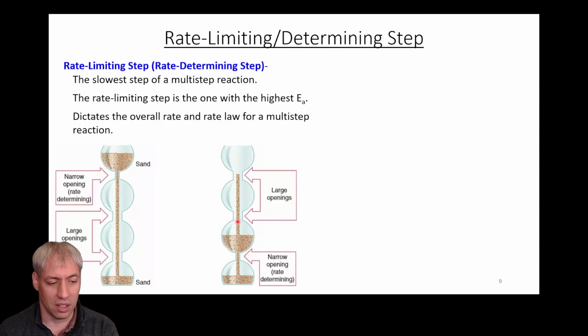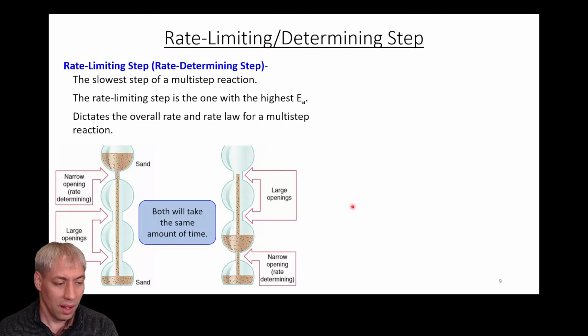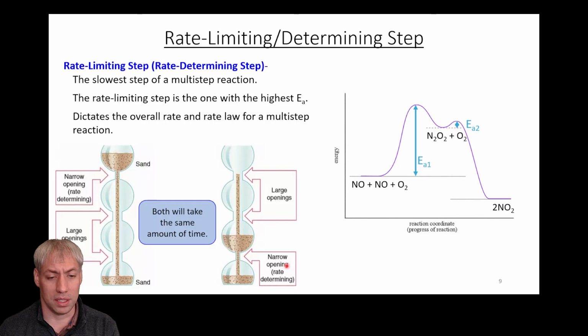And so sand is going to go here, but you can't go any faster than this part right here. And so in this case, because the neck is narrow, both of these are going to take the same amount of time, but the rate limiting step here is step one. The rate limiting step here is the third one. And so you can think about this narrowness as an analogy to the activation barrier. The narrower it is, the higher the activation barrier, the slower that step is going to be.